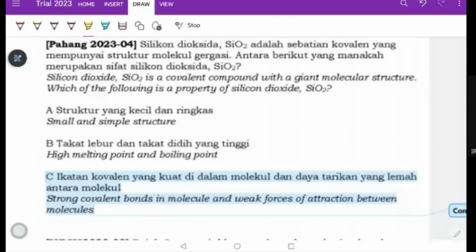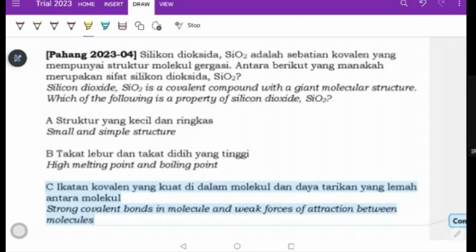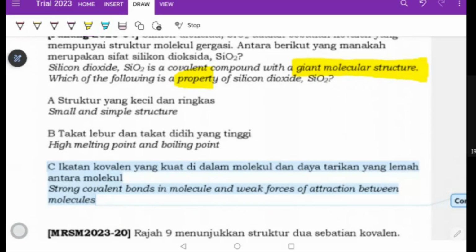Next is a giant molecular structure. The property should be simple, no. High melting and boiling point, strong covalent bond in molecules, and weak force of attraction between the molecules.